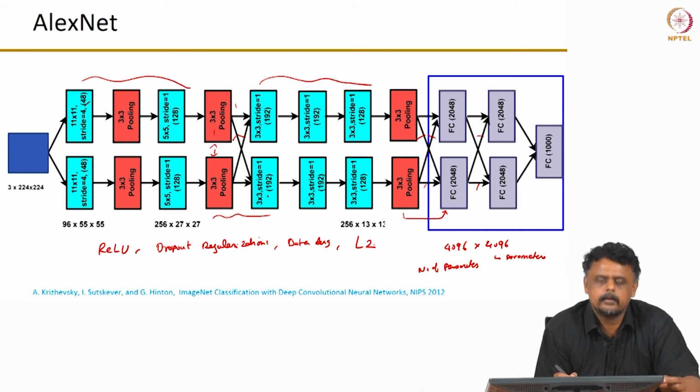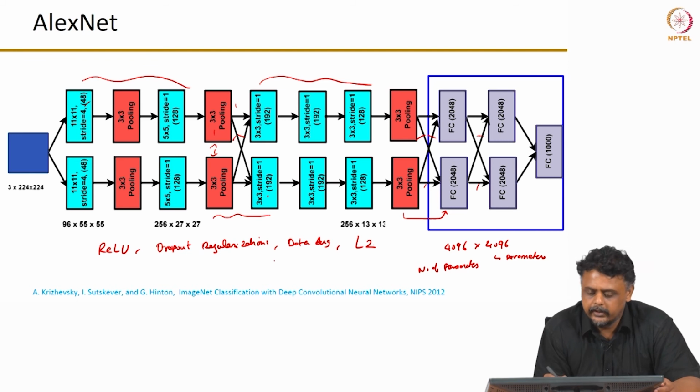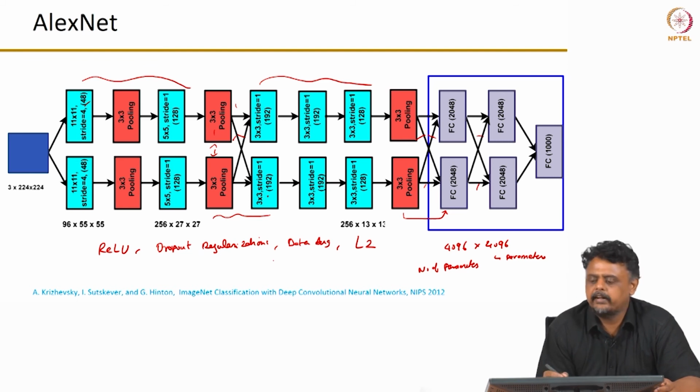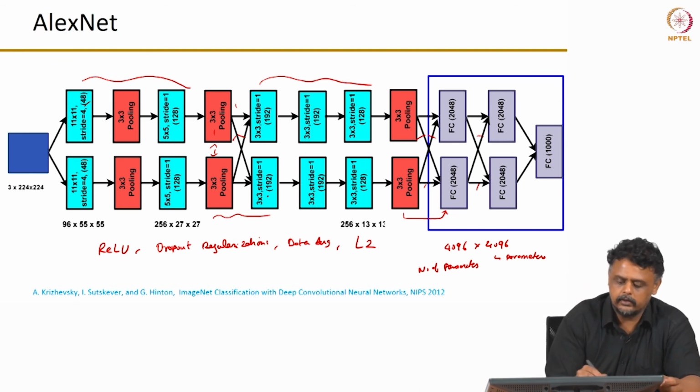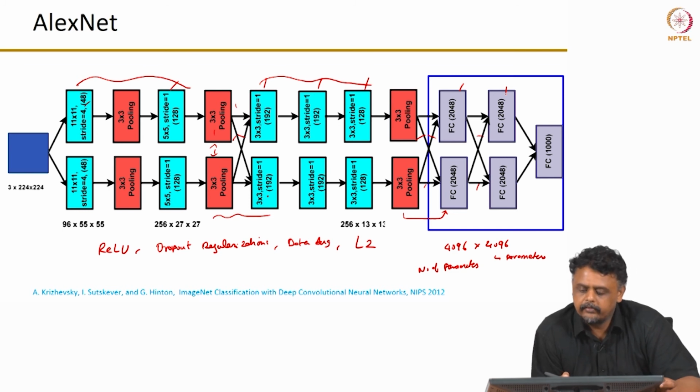So, this network sparked a huge interest in deep learning, because it had lots of parameters and was quite deep, 7 weight layers, interspersed with 3 max pooling layers. And it had a mix of filter kernels, 11 cross 11, 5 cross 5, 3 cross 3.